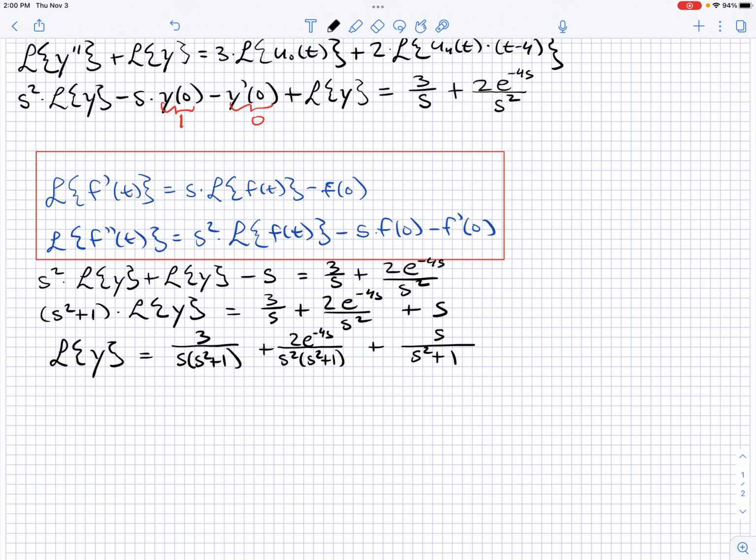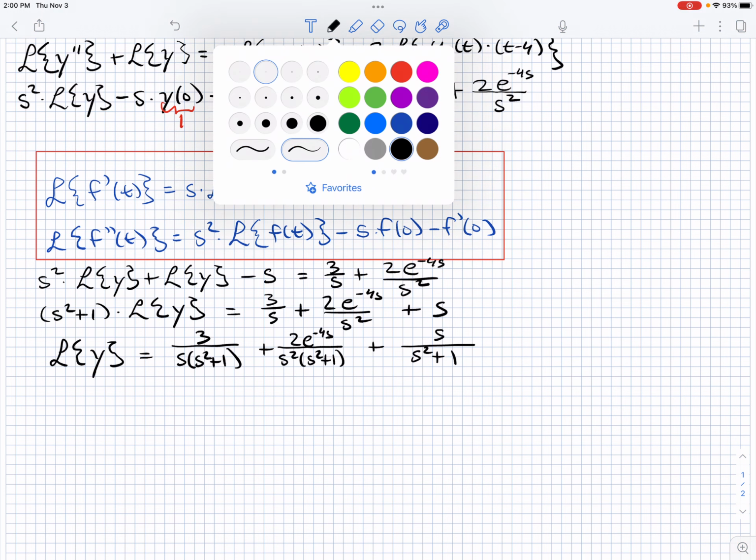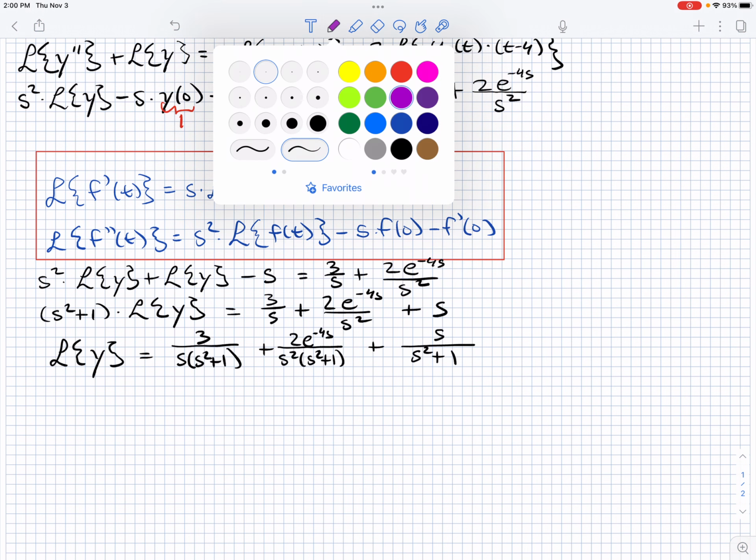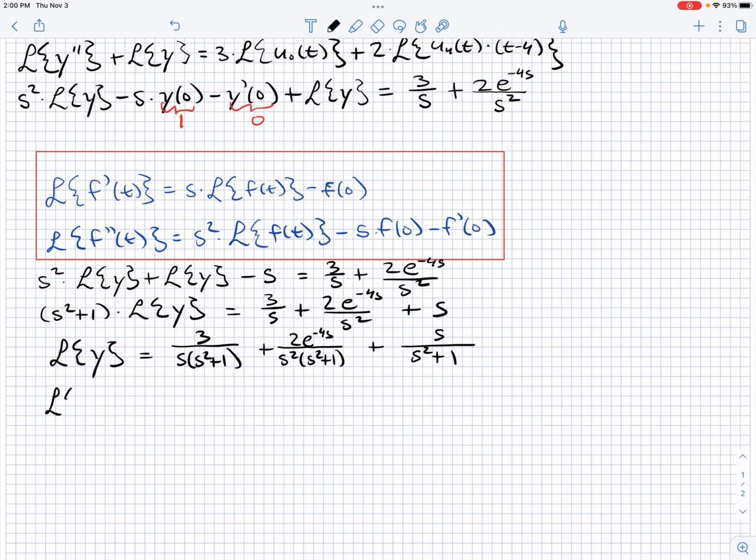All right. So now we need to get y of t, because our whole goal is to find what y of t is. Let's do this first. We know that the Laplace transform of function y, we usually call that equal to some big y of s.